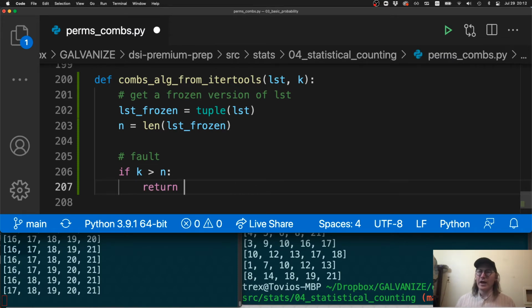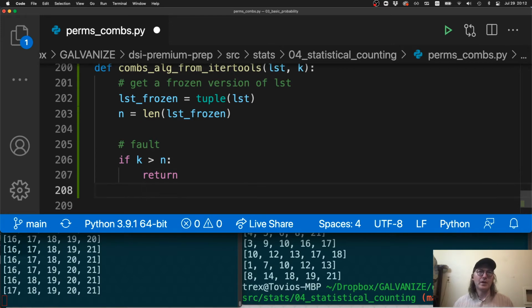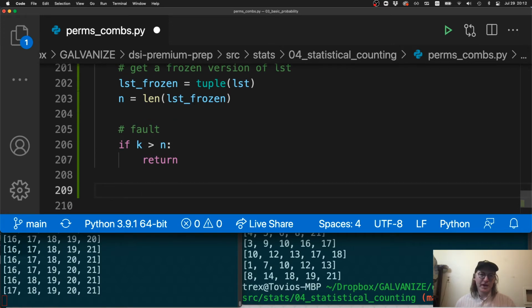K can't be greater than n. K has to be less than or equal to n. Okay. So remember last time I did something with permutations where I had some form of memory. And I'm going to have a similar thing here.